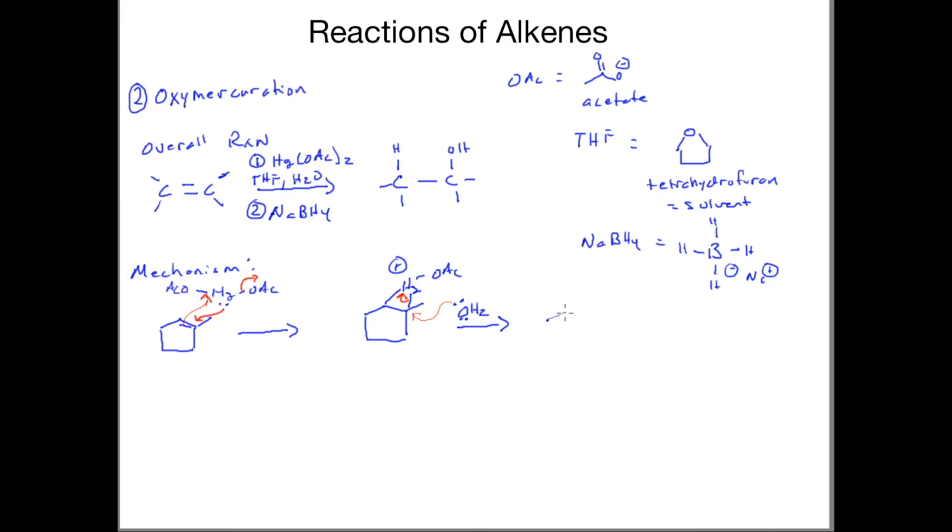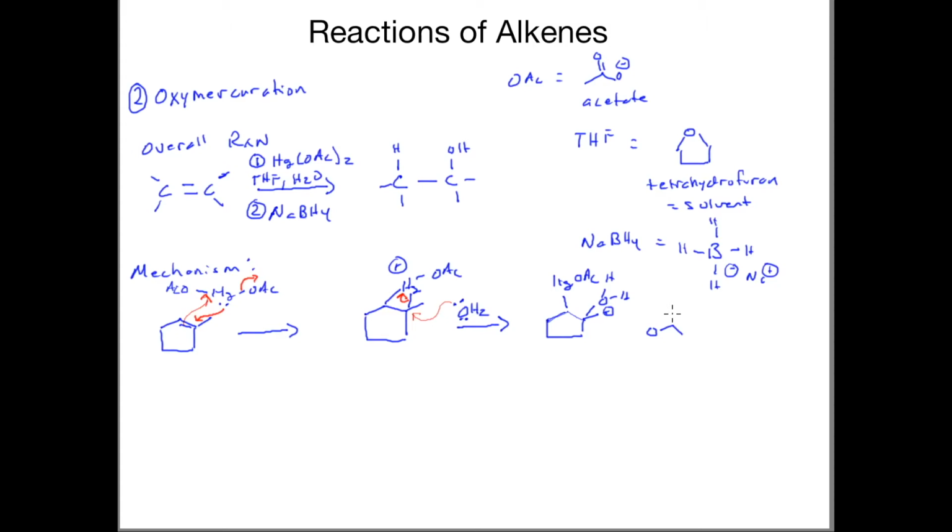If they're both the same, you end up having mixtures of places because it doesn't matter, right? So now we have our mercury that's still on here, and now we have water that has been added to our carbon, and of course this has a positive charge.